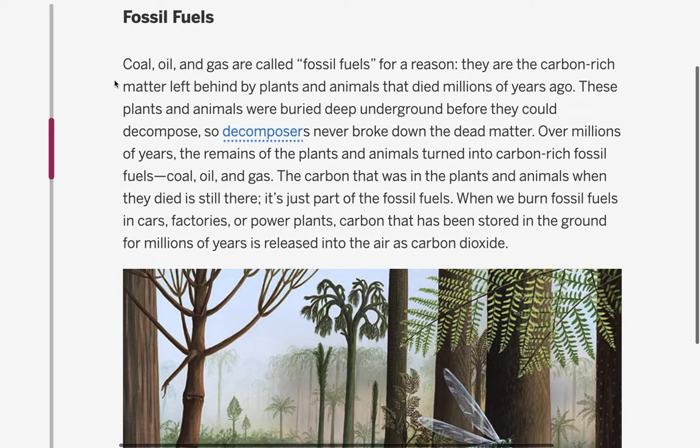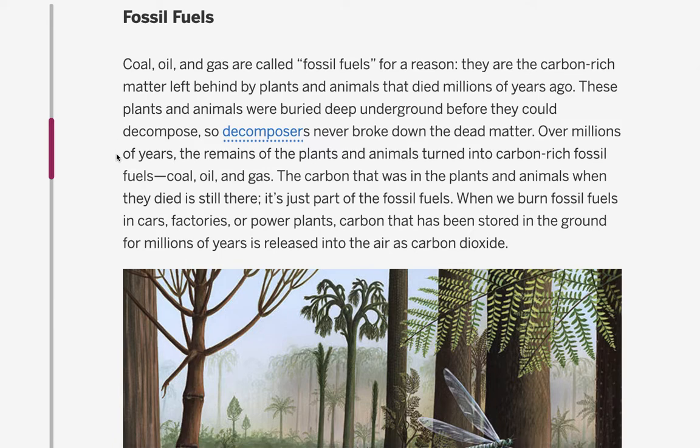Fossil fuels. Coal, oil, and gas are called fossil fuels for a reason. They are carbon-rich matter left behind by plants and animals that died millions of years ago. These plants and animals were buried deep underground before they could decompose, so decomposers never broke down the dead matter.